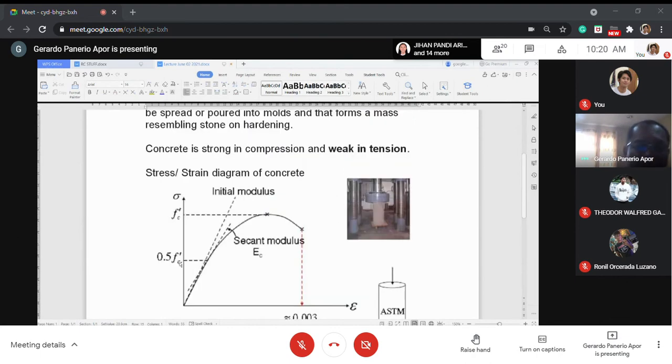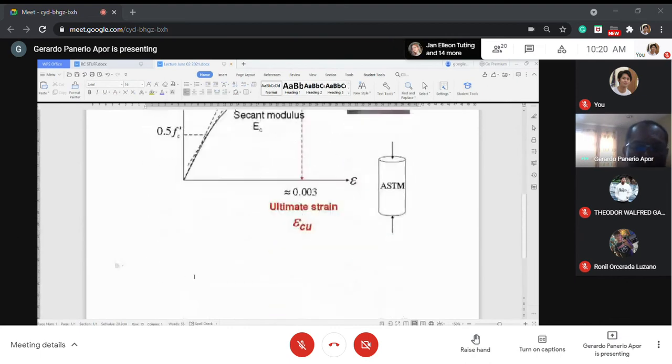Okay, so now let us see what the tensile strength of concrete is.